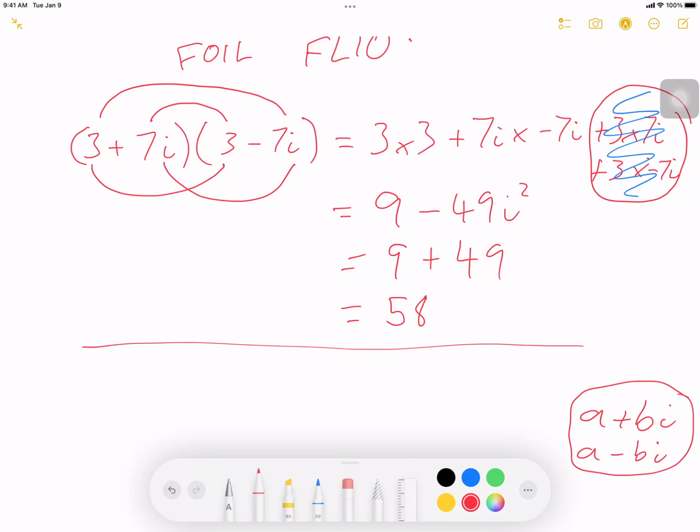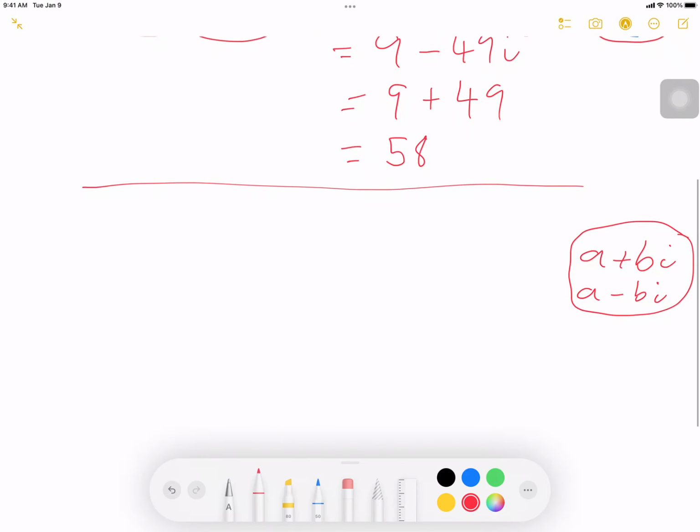So let's actually just do that real quick so that we can see, will it always actually work? So a plus bi times a minus bi, will we always get a real number? Let's have a look. So we're going to have a squared. Let's do this.